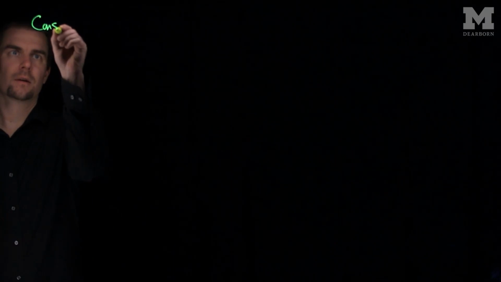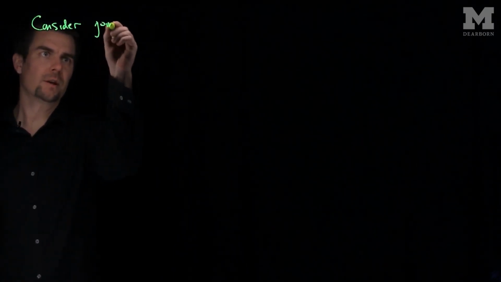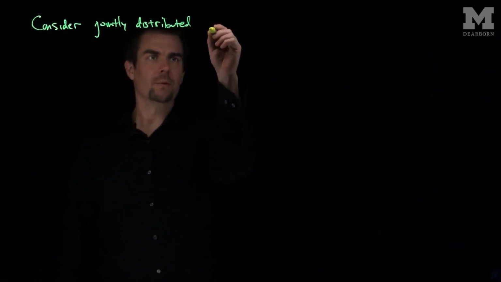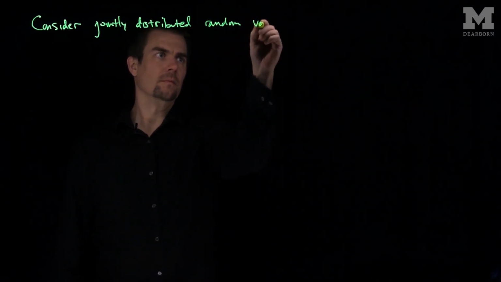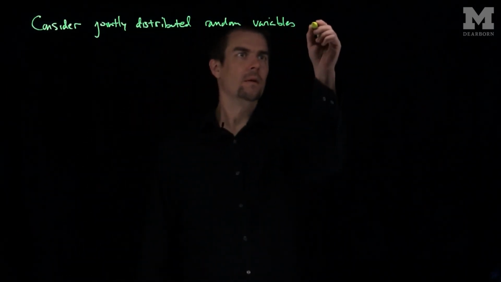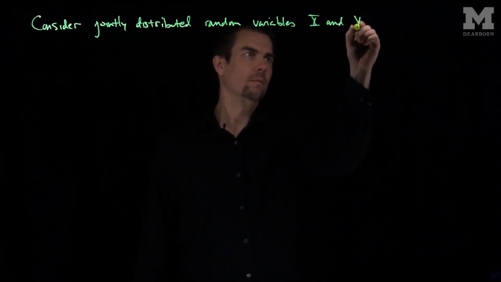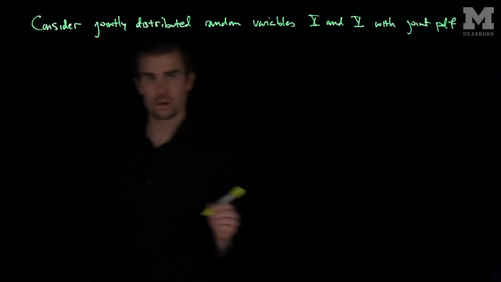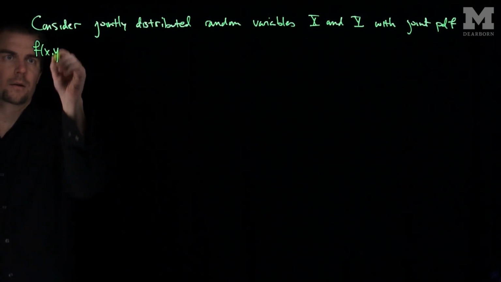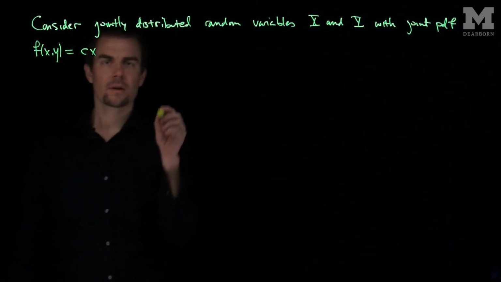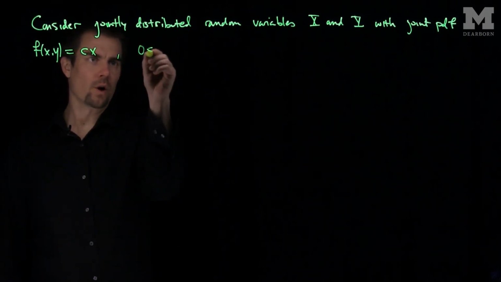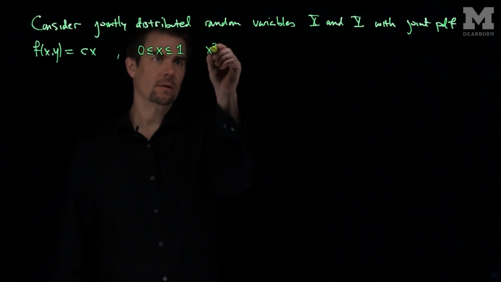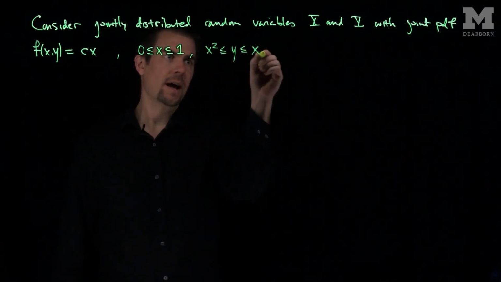Let's consider jointly distributed random variables X and Y with joint PDF f(x,y) proportional to x on the region where x goes between 0 and 1 and y goes between x squared and x.